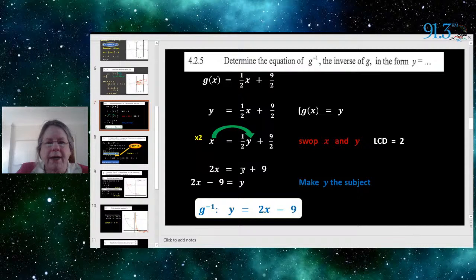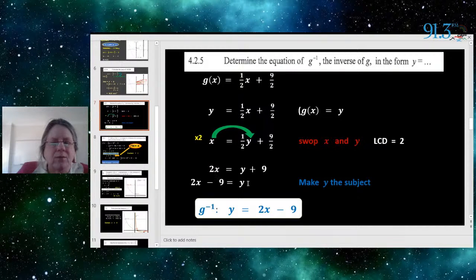So it will be y plus 9. We do it times 2 here. Every single term has a times 2. So we end up having 2x equals y plus 9. But we are looking for y. So y would be 2x minus 9. So we take the 9 to the other side.